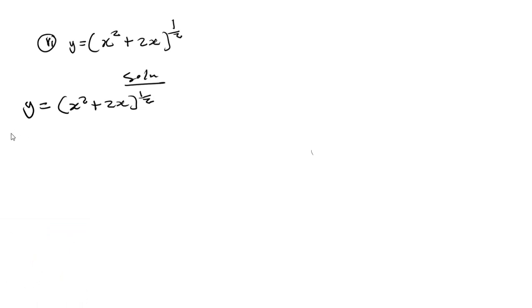So for the chain rule, we are going to say let u of x be equal to what is inside there, which is x squared plus 2x. Then remember, when we put u there, y is equal to what?